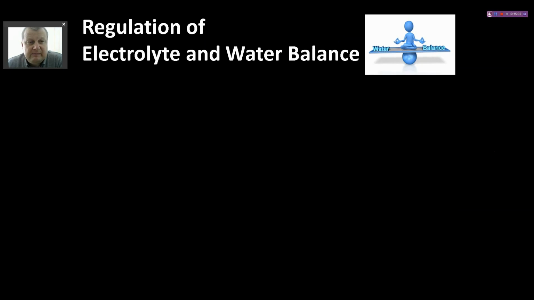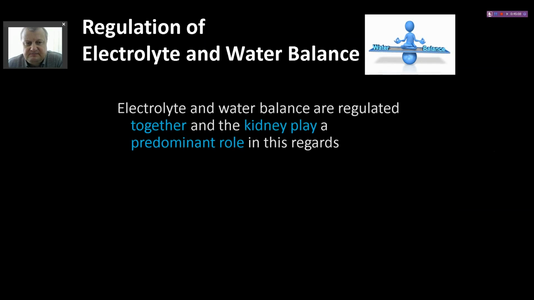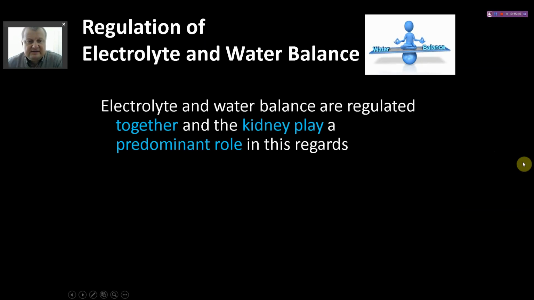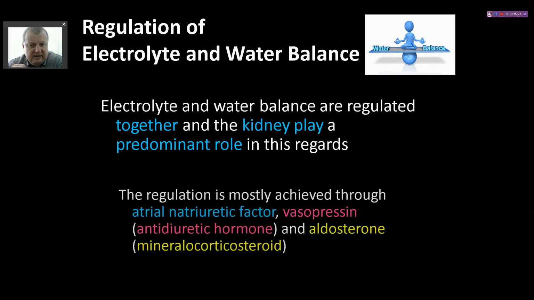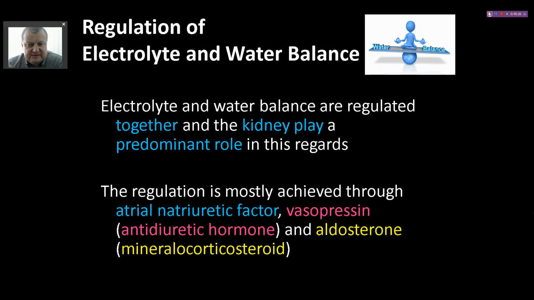And now about the regulation of electrolyte and water balance. Electrolytes and water balance are regulated together. It's combined, and the kidney plays a predominant role in this regard. The regulation is mostly achieved through some hormones.